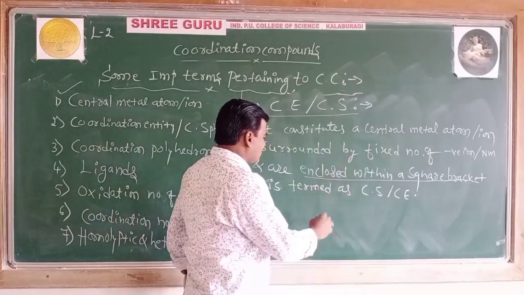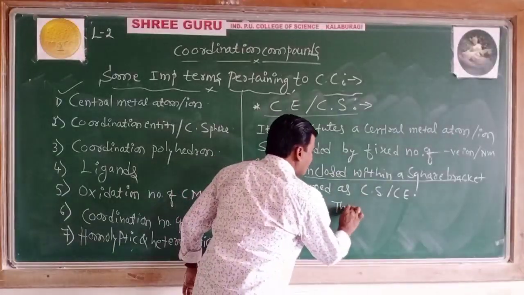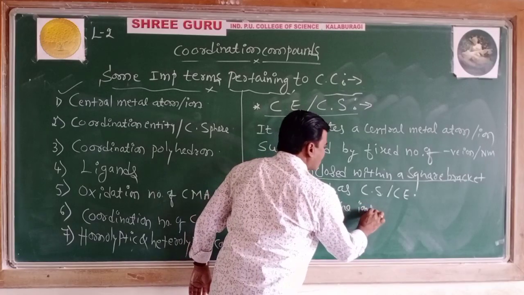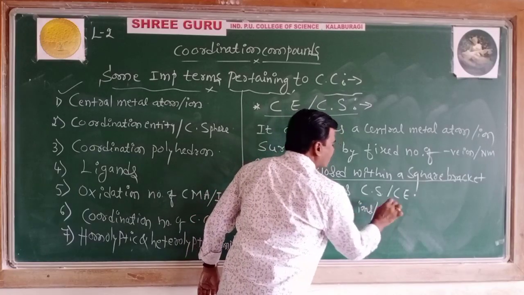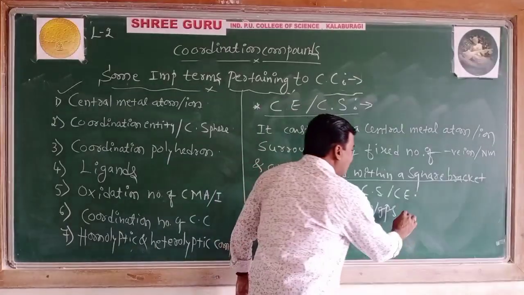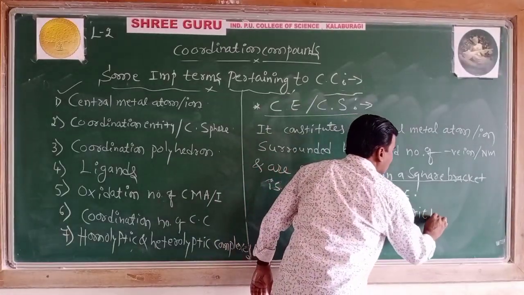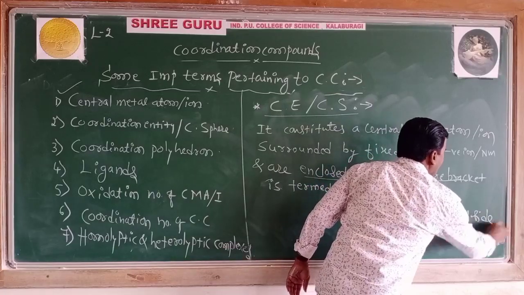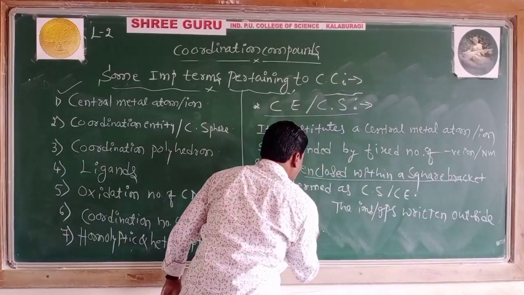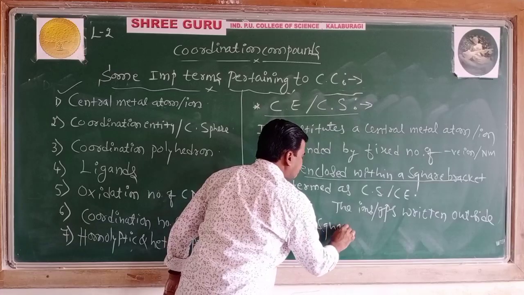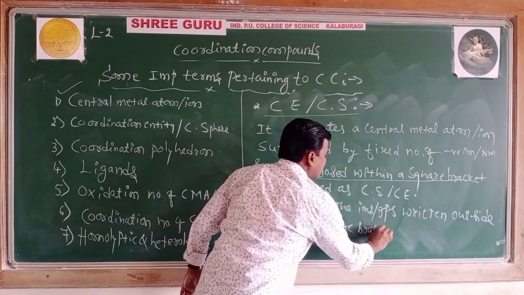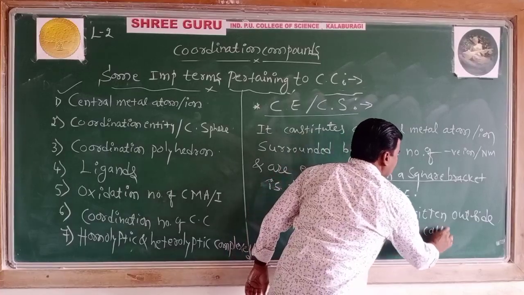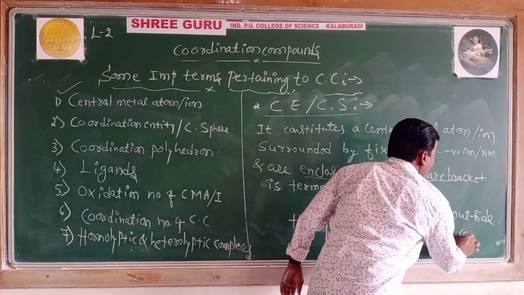And further, the groups or ions written outside the square bracket are called counter ions.